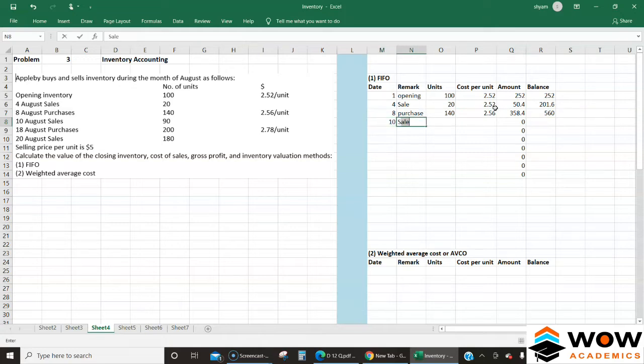On the 10th we make a sale. The sale becomes interesting because we are selling 90 units, so it has to be split into 2. As it's FIFO, first in first out, the first in was the opening. After 100, 20 have been sold, so still 80 we have in hand.